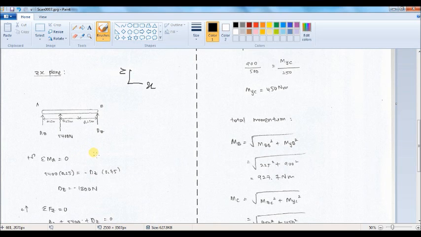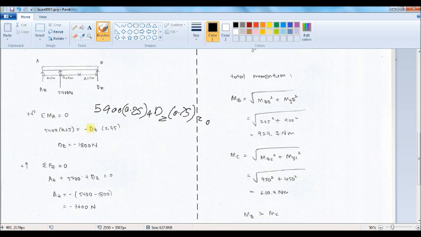We can say that 5,400 times 0.25 plus dz times 0.75 should be equal to 0. It's better we start to write in this way first.